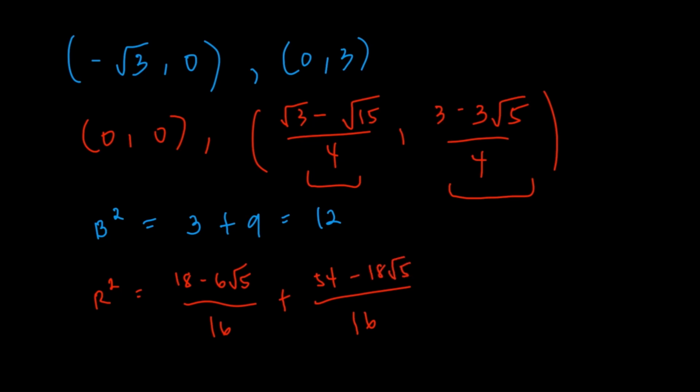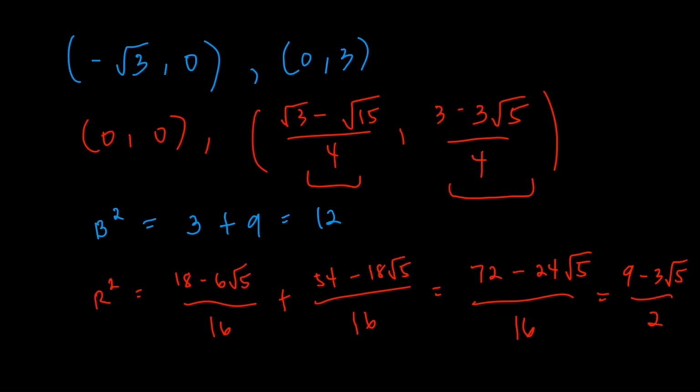All right, so adding these two together, we're going to get 72 minus 24 square root of 5 divided by 16. Okay, we could write this in lowest terms. So it's going to be 9 minus 3 square root of 5 divided by 2.